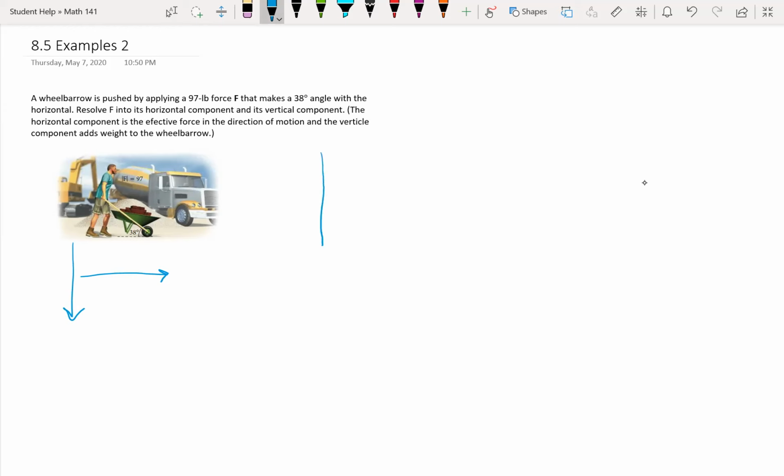Let's draw a triangle for what we have. We know that the angle that's being created here is 38 degrees. We're trying to find A, which is going to be the horizontal component. And then we're also trying to find B, which is the vertical component. And we know that the total force is 97 pounds in this case.